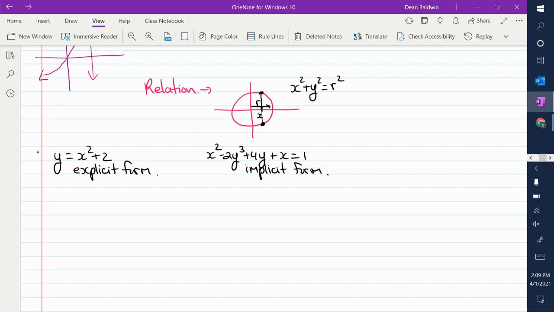Basically, when you have multiple y's with multiple exponents, you can't solve for y individually. You can't write y equals something. So when you have that, you must use implicit differentiation.